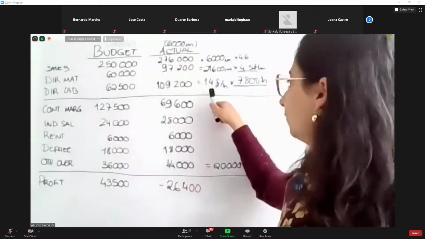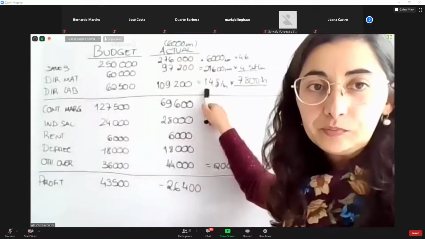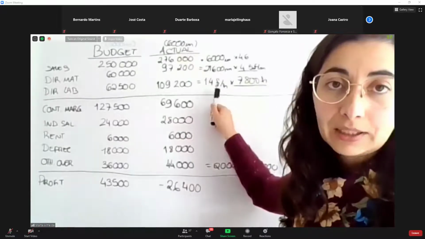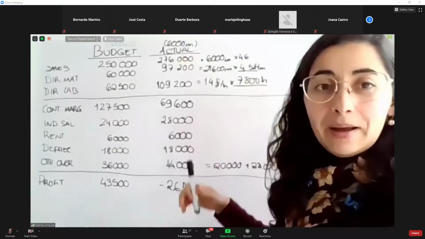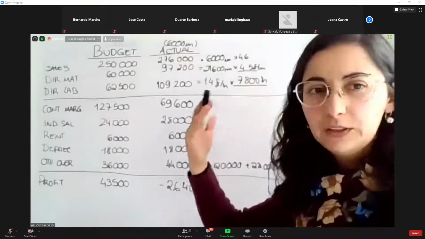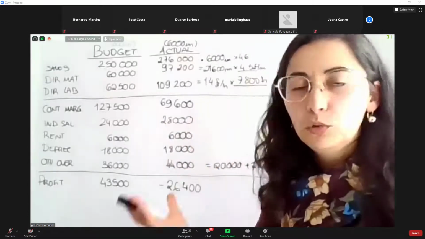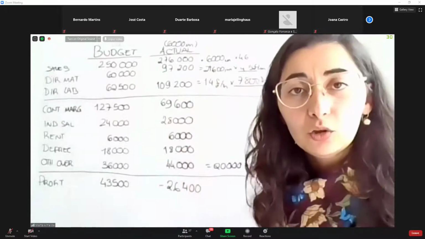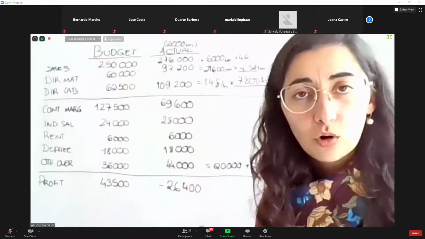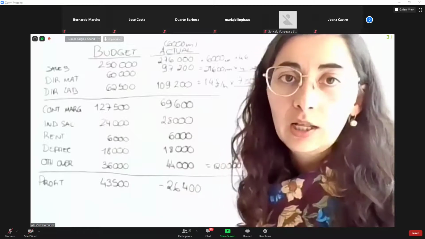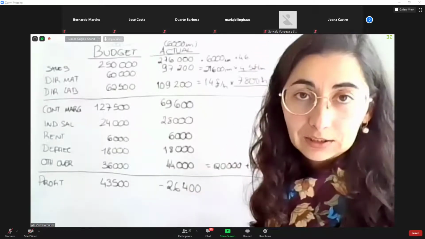That can justify the increase in direct labor pounds per hour, and also can justify the inefficiency of labor. If employees are working extra hours, they will be more tired, they will take longer to produce. Or if they are hiring new employees, the new employees don't know how to do the production process as well, they will be more inefficient than what was expected.